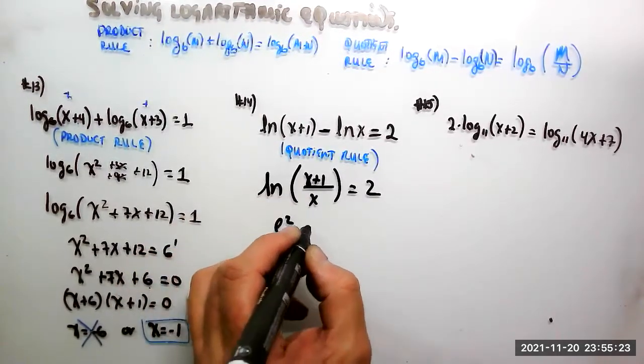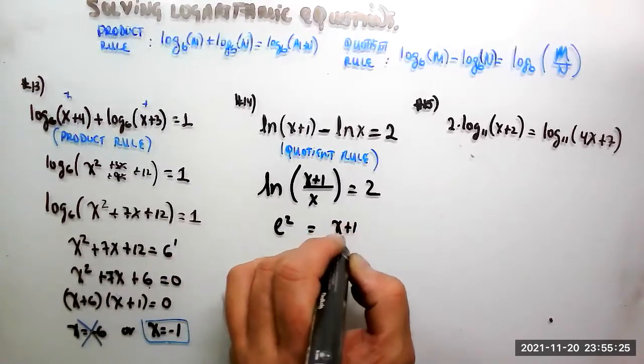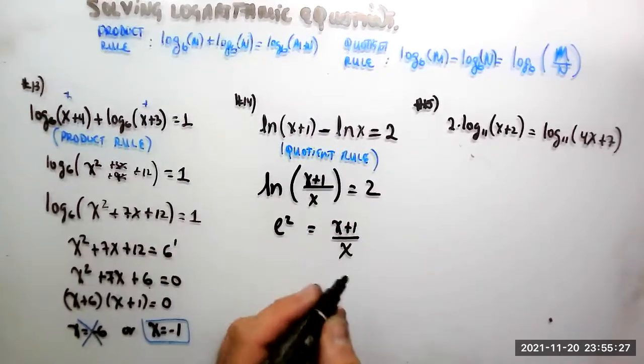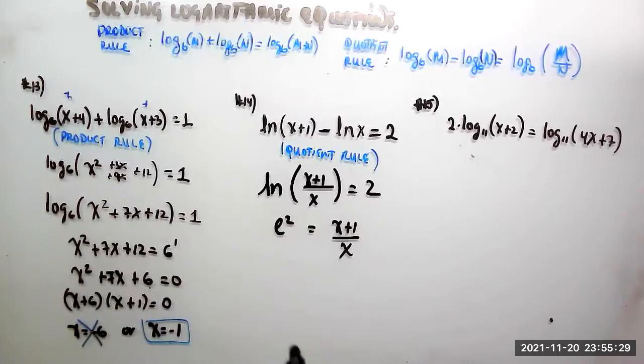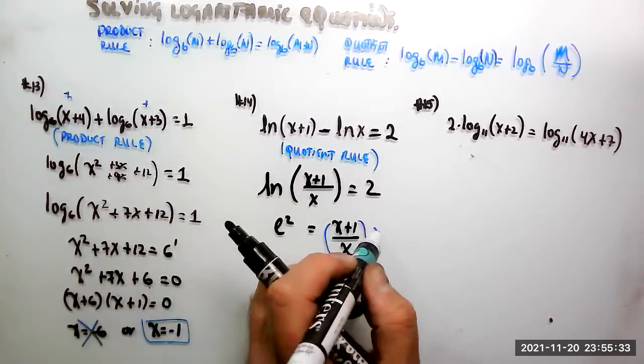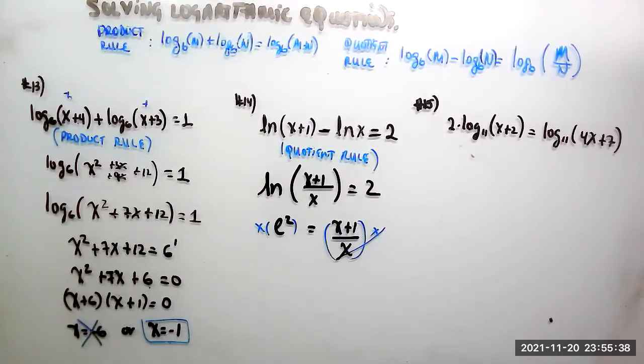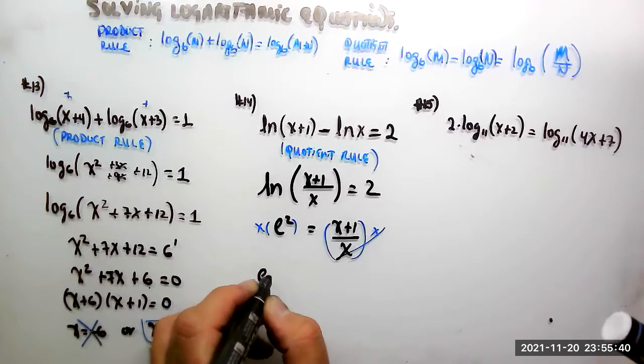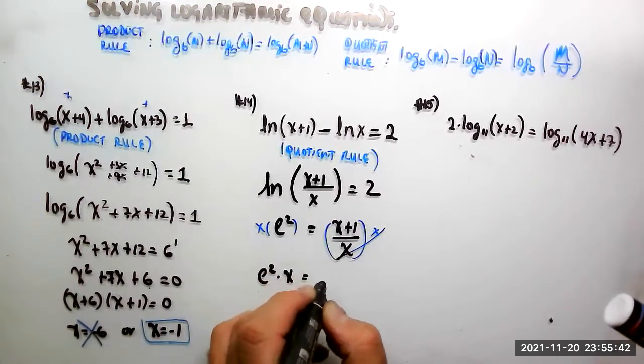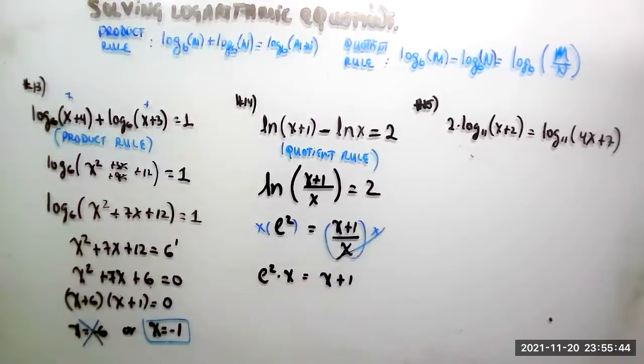Base e raised to the 2 equals x plus 1 over x. We may multiply both sides of the equation by x, so we can get rid of the denominator here, x over x, bye-bye. So now we have e squared times x equals x plus 1.